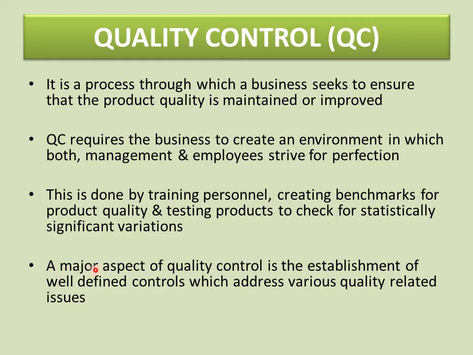A major aspect of quality control is the establishment of well-defined controls. So another more important aspect of quality control is the setting of well-defined controls, and these controls address various quality related issues which are occurring during the process.